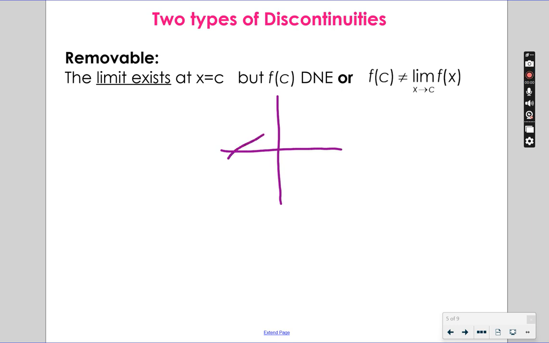First, right here, we have a function. The limit exists, but the point doesn't. That's what that means right there. The other situation is the limit exists, but it doesn't equal where the point is. So like that. Both of those situations are a removable discontinuity.